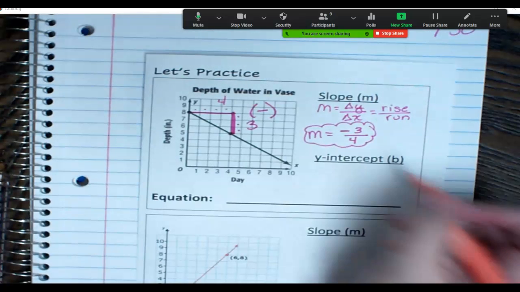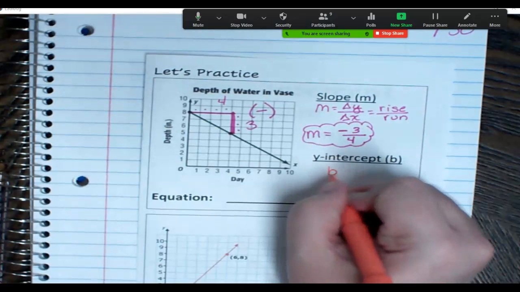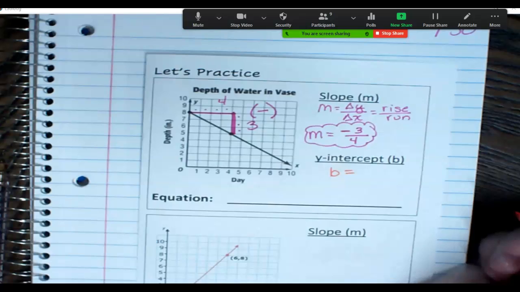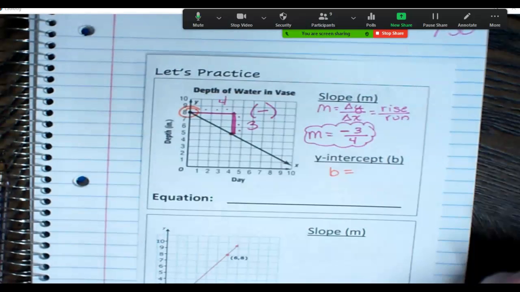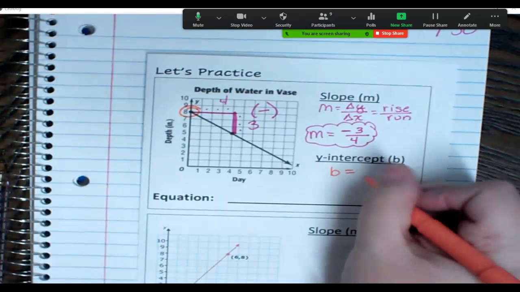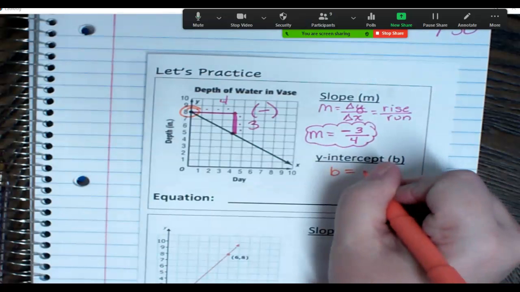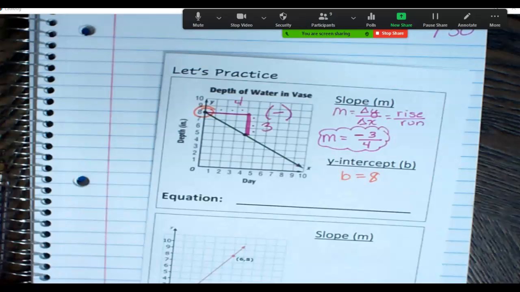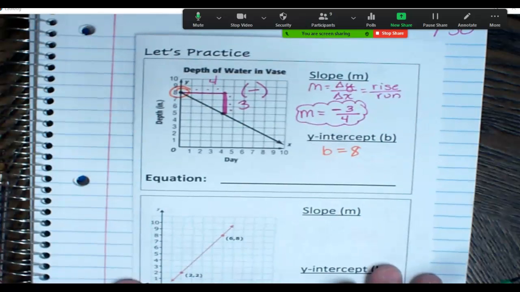All right, next, y-intercept, b. Where does this line cross the y-axis? Right here, positive 8. So what is the y-intercept here? 8, positive 8. All right, let's write our equation.